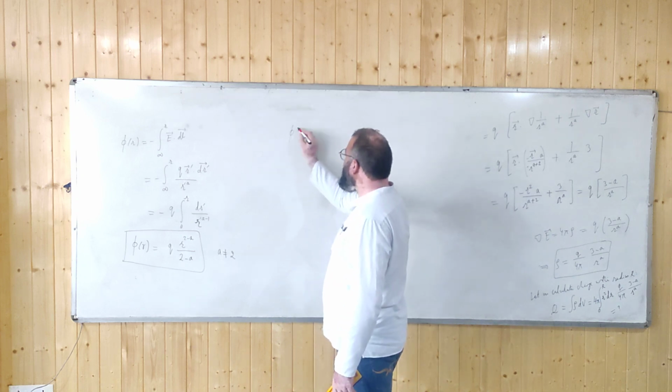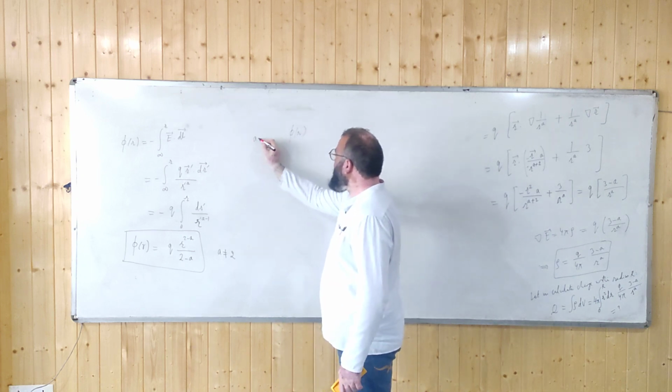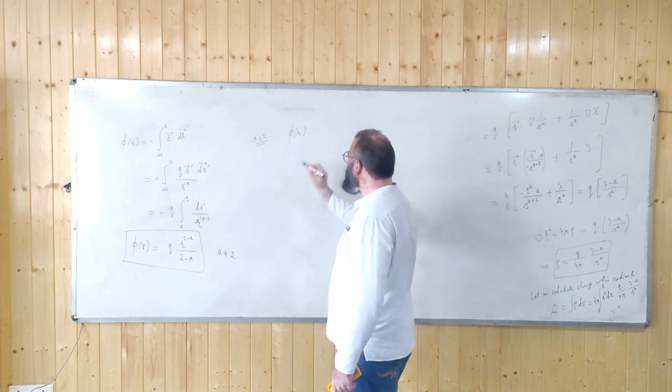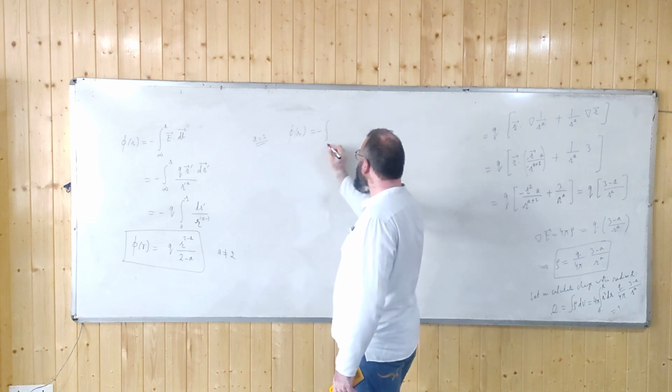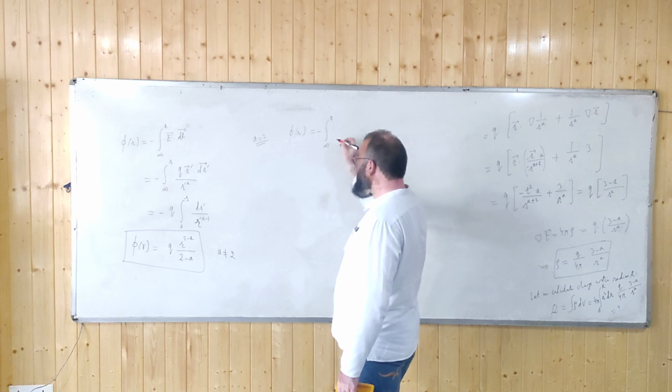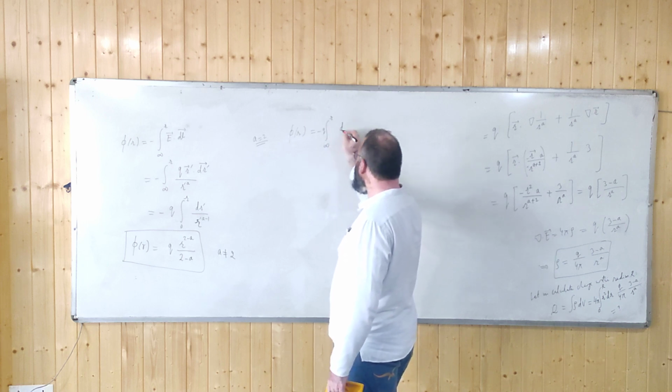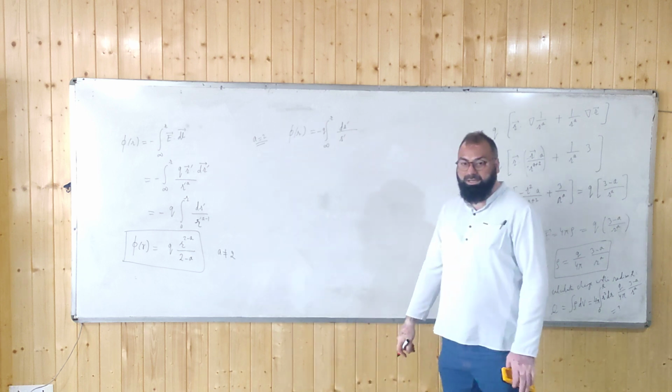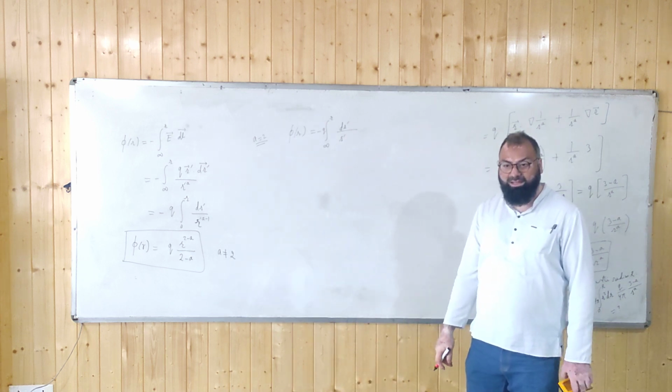So I'll write this phi of R. Now for A equal to 2, it is simply minus the integral from infinity to R. What is E? It will be simply Q dr prime divided by R prime. So what is the integration of 1 by R?